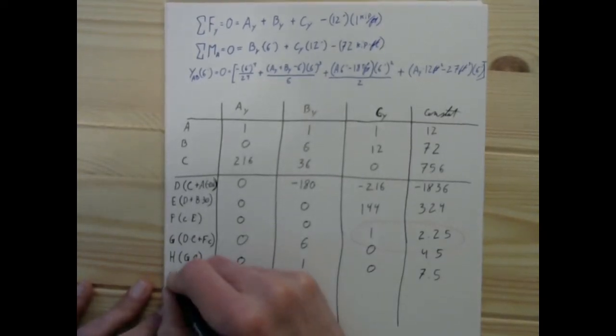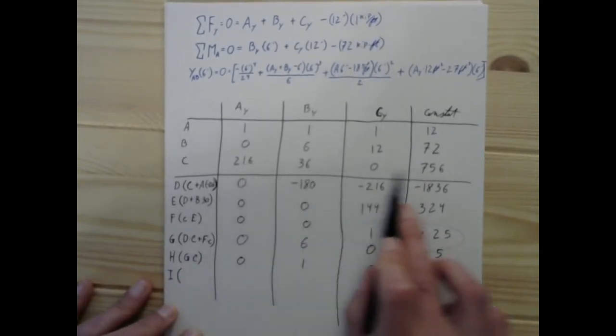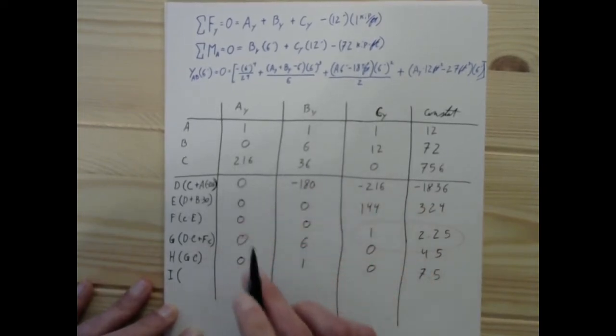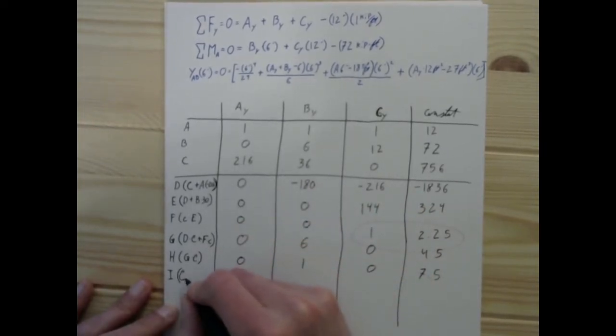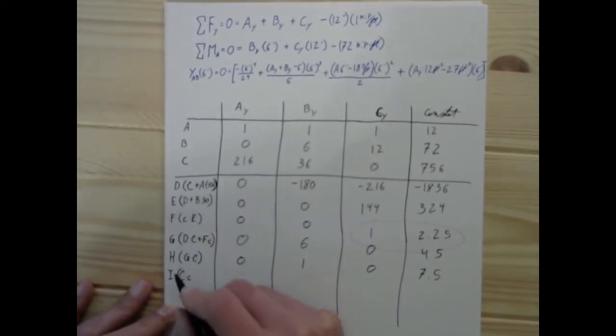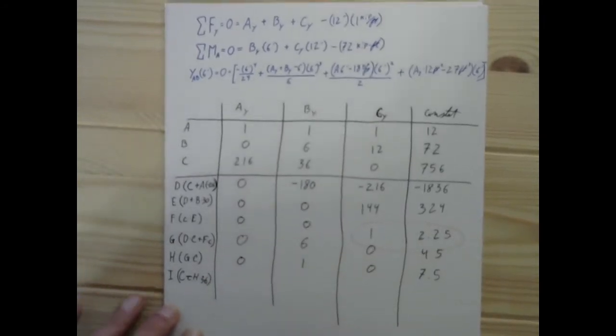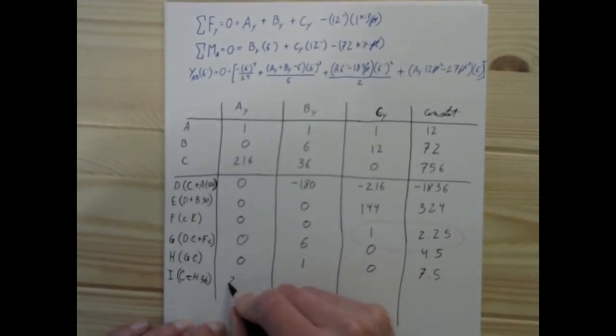Very cool. Going to I. Let's take this up here. Let's subtract H times 36. This is 216.